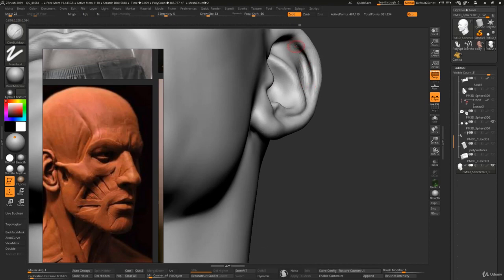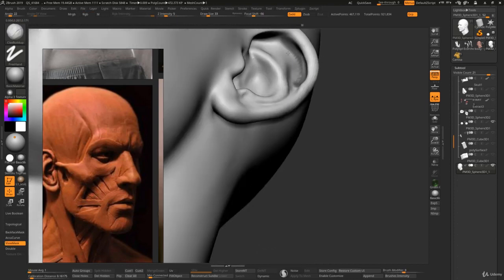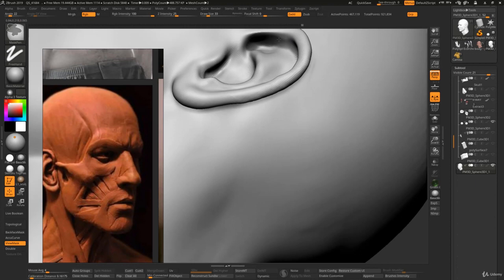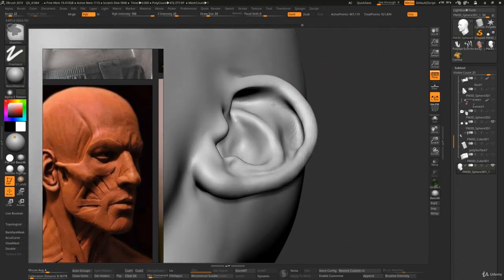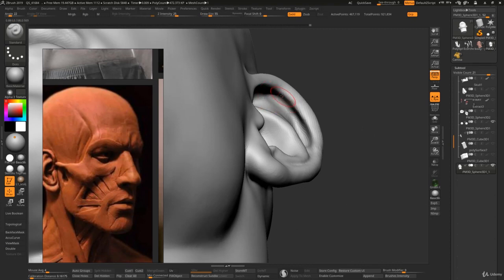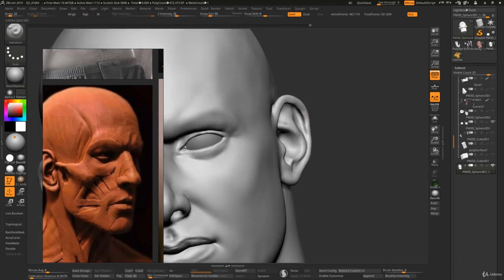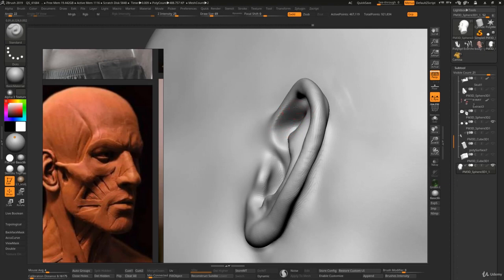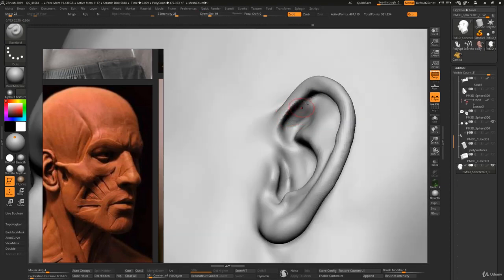You can feel it with your own finger if you try to feel your ears, and you're going to feel this region is a very thin part.